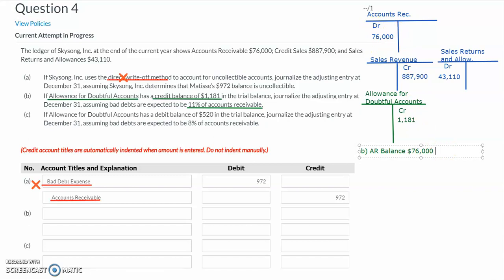And we're going to multiply that by 11%. So this company is assuming that 11% of their accounts receivable may not be collected. So to determine our estimate, we're going to take 76,000 times 11% in our calculator. So we would estimate that 8,360 may not be collected. So this amount is going to be our estimate.